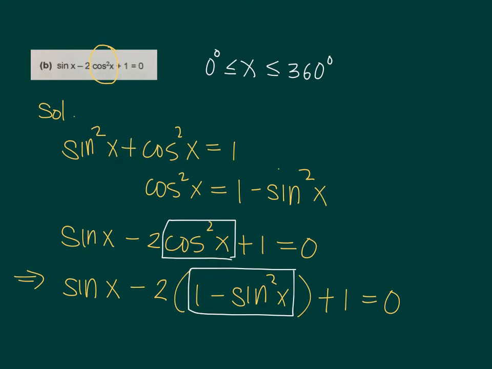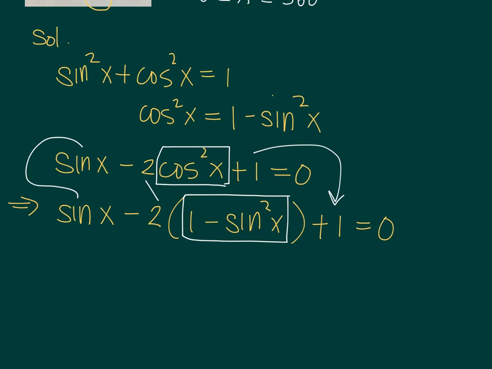That's the only change that happened here. You see the plus 1 is there, the sine x is there, the 2 is there. Once we do that, you can already see that the equation is converted into an equation that involves the sine function only.